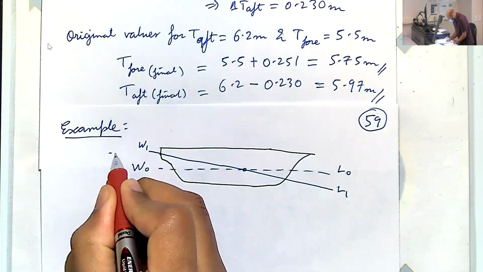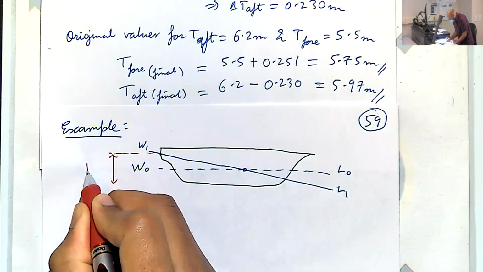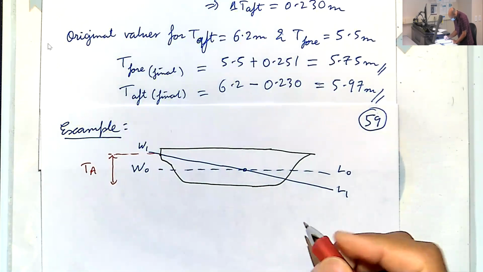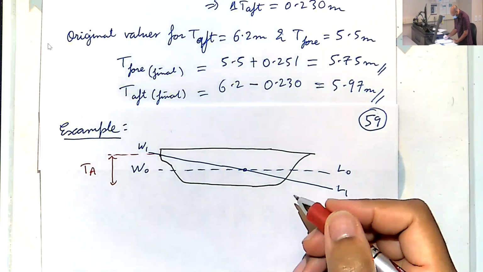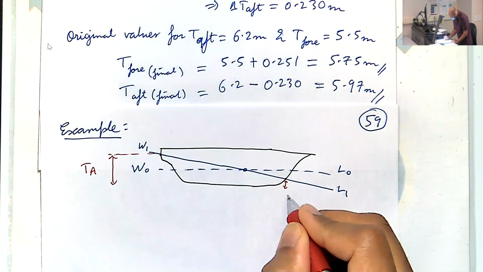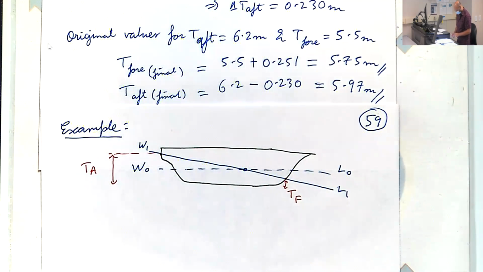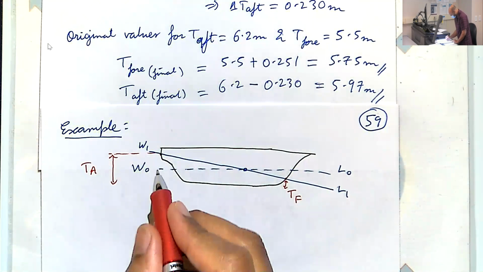This gives us draft in the aft, and this gives us draft in the forward. All right.